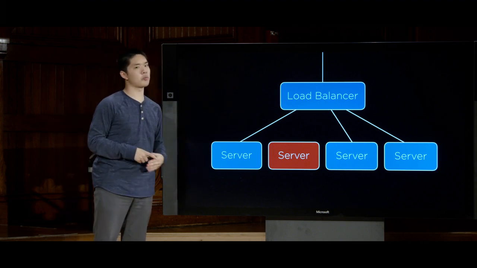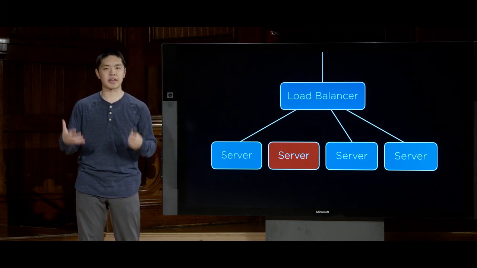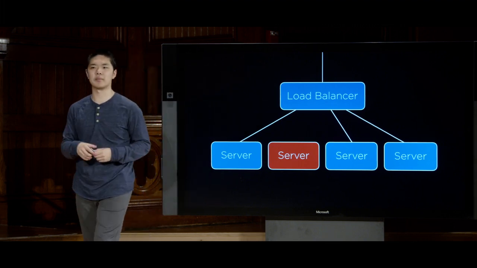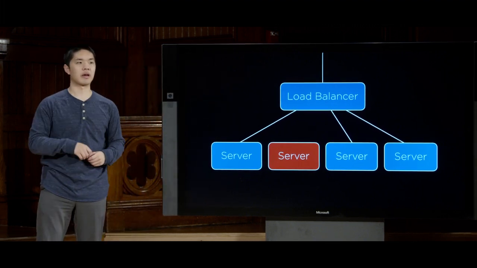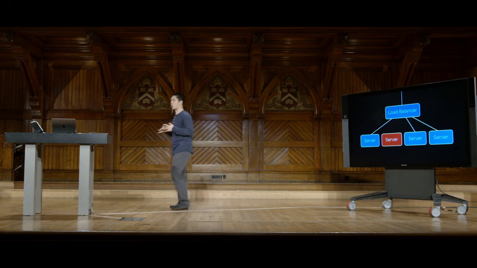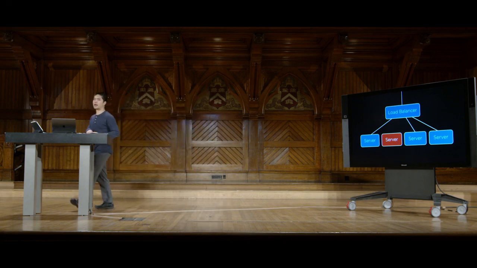But if the first load balancer ever were to fail, well, then the second load balancer can step in and begin servicing those requests, directing them to all of these individual servers as well. And so there, too, is another opportunity to think about where the single points of failure are and how we might address those single points of failure in order to make sure that our web applications are scalable.